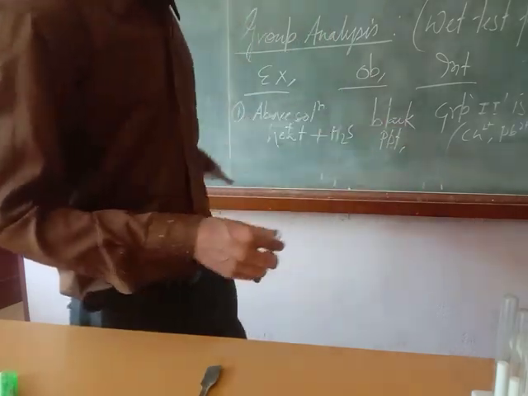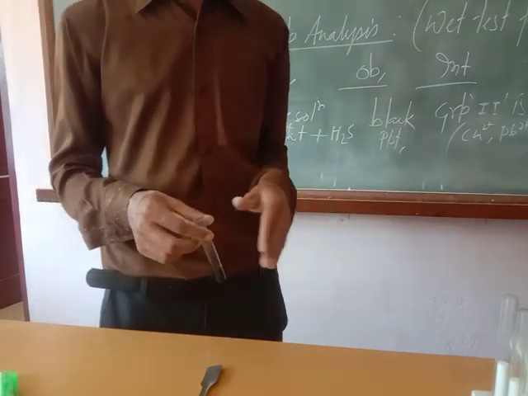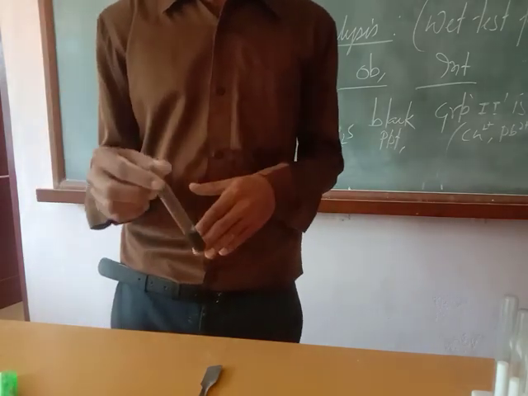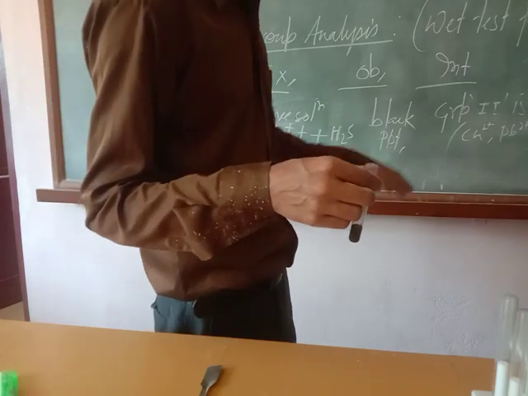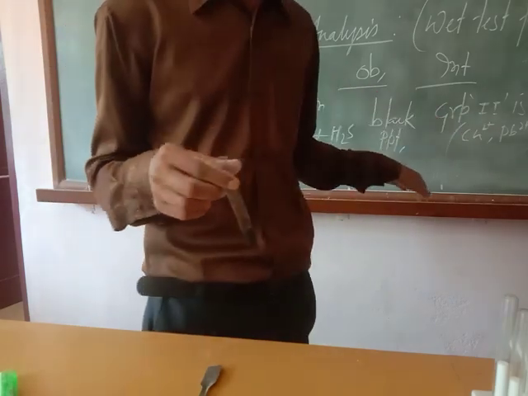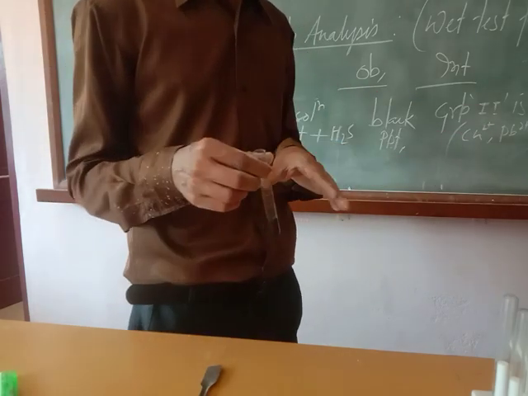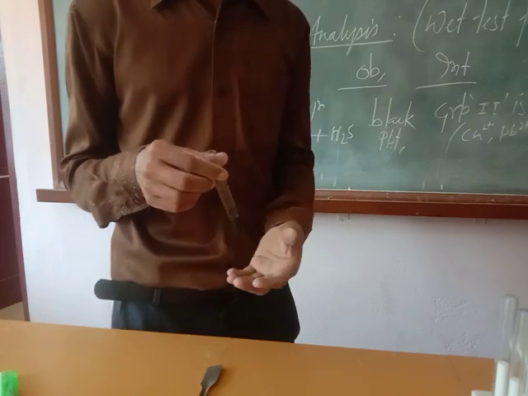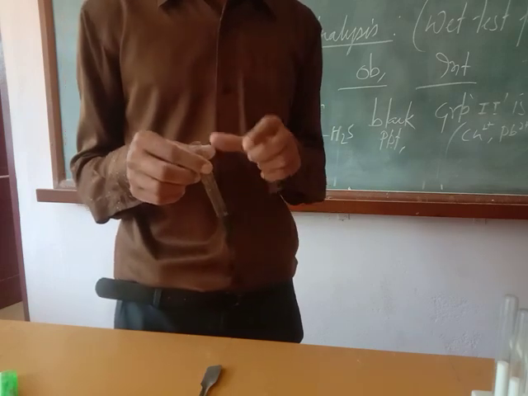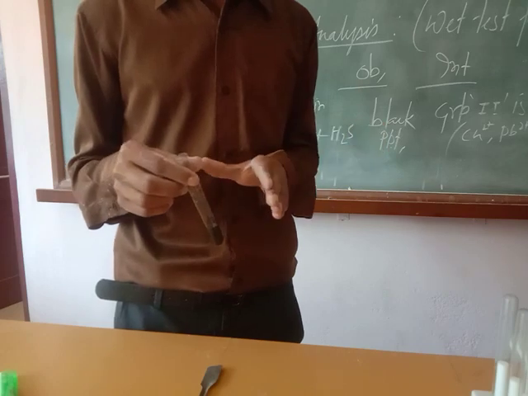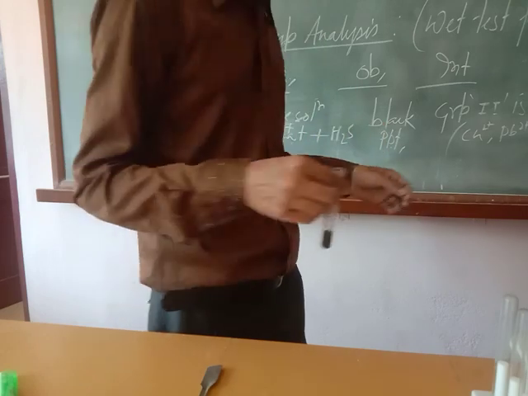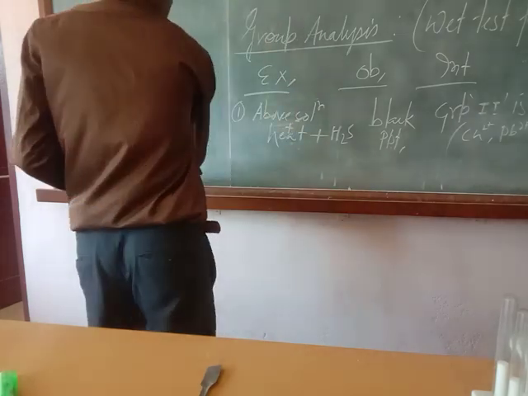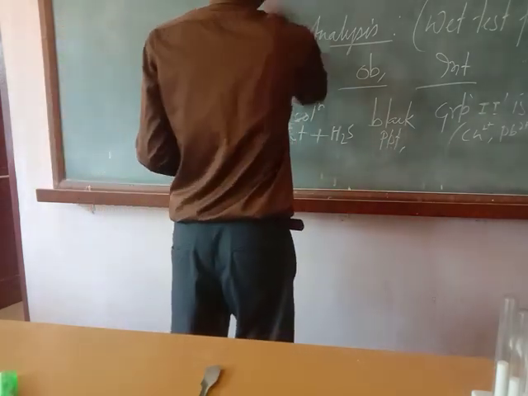So our group analysis is completed. Now we have to do precipitate analysis. We have to analyze the precipitate. Since in one group there may be many radicals, we have to identify the correct one. Only one radical will be present in a salt, meaning one anion and one cation.